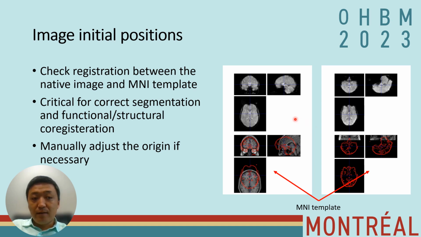On the left side, it is a good example where this functional image of a subject is roughly aligned to the template. And on the right side, the functional image appears to be upside down, and the range is also way off from this anatomical template.